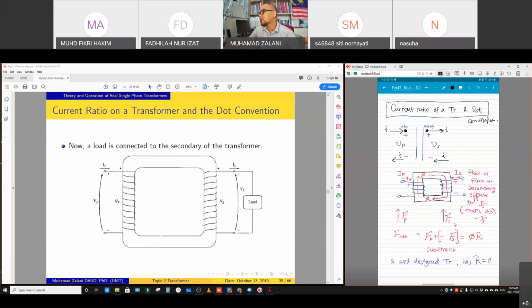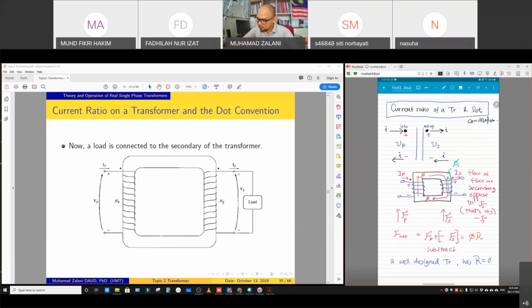Why negative? Because as you can see here, if we use the right hand curl to identify the MMF, okay, actually this phi from primary part will be flowing clockwise direction, but phi for the secondary part, actually if we do the right hand curl, phi s is flowing to that direction, right?